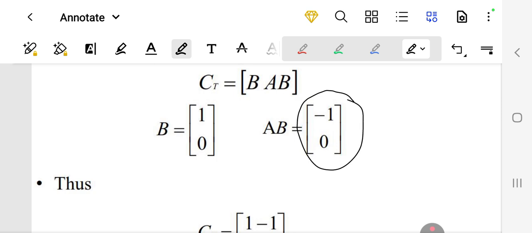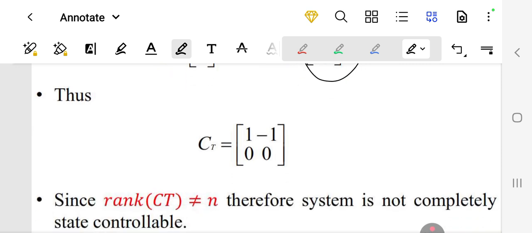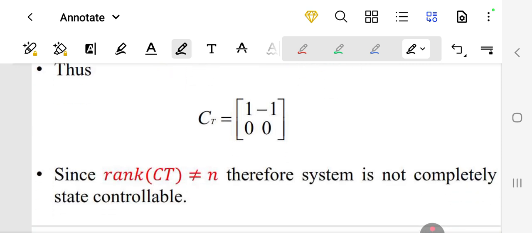We will construct the controllability matrix, 1, 0, negative 1, 0, and get its determinant. The determinant equals positive 1 times 0, which is equal to 0, minus negative 1 times 0, which is also 0.